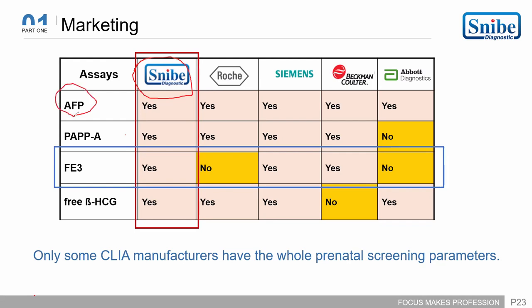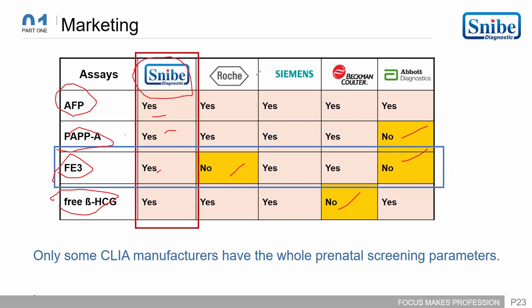We have alpha fetoprotein, PAPP-A, free estriol, and free beta HCG, all the assays required for prenatal screening. Other competitors are missing free estriol, or PAPP-A and free estriol, or free beta HCG.